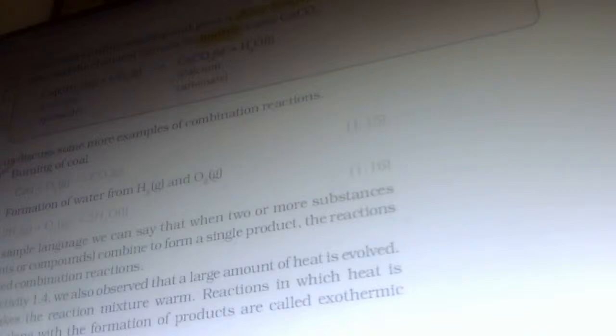C plus O2 gives CO2. When you burn methane, ethane, propane, butane and so on, you get CO2 plus H2O plus heat and light also.